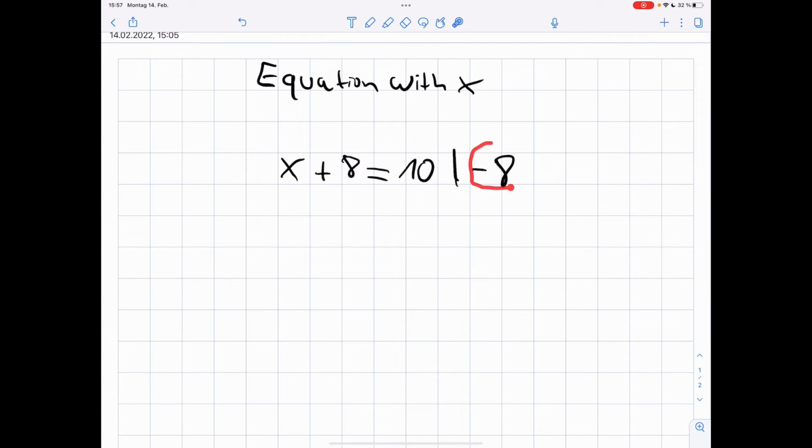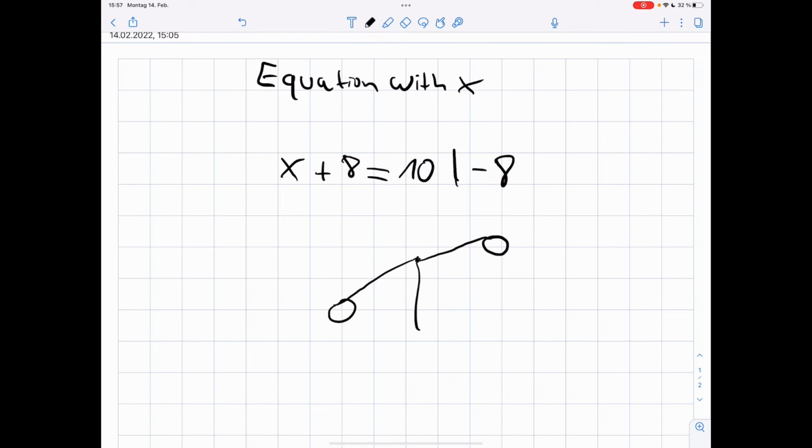Whatever you write behind this line here, you have to do it on both sides, because the equation is like a scale, and a scale is usually in a state of equality, right? So there's a heavy thing on the left and a less heavy thing on the right.